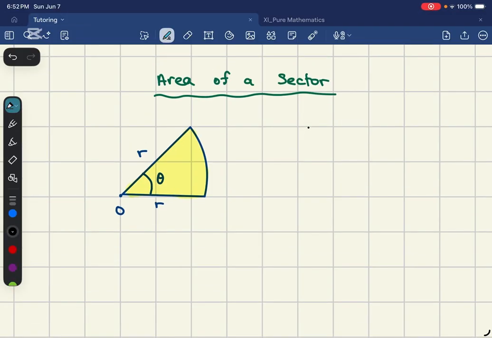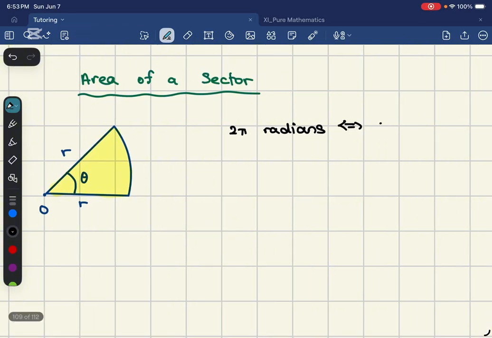I know that a full circle, which is 2 pi radians, corresponds to pi r squared, right? Pi r squared is the area of a circle. 2 pi radians is the angle there, right? So what is 1 radian going to correspond to?